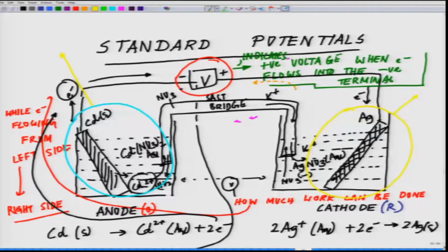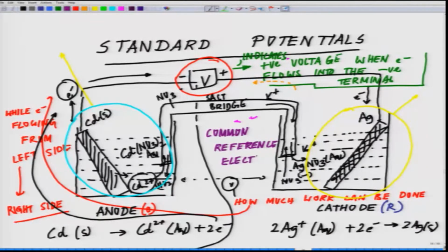Now I have to give a value to the potential of cadmium and the potential of silver. In order to do that, I have to develop a common reference electrode.